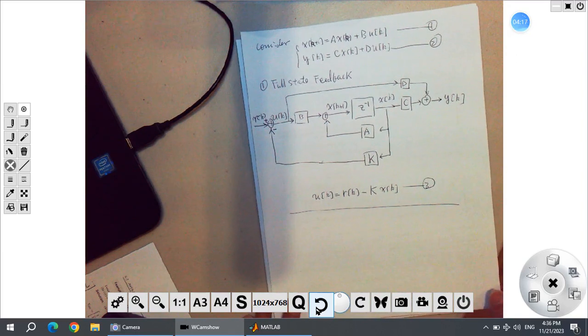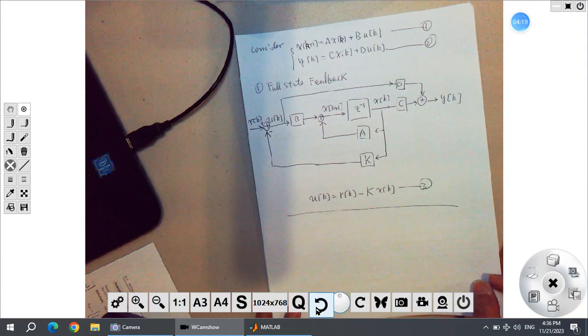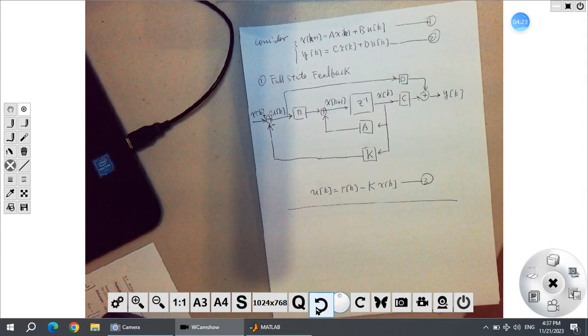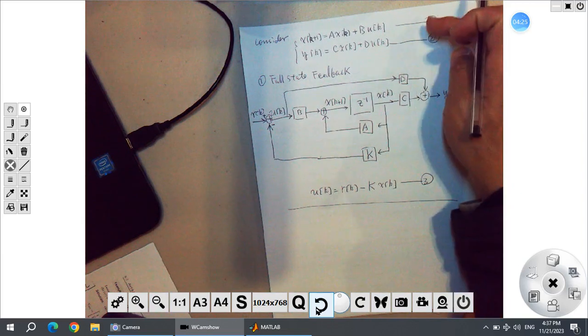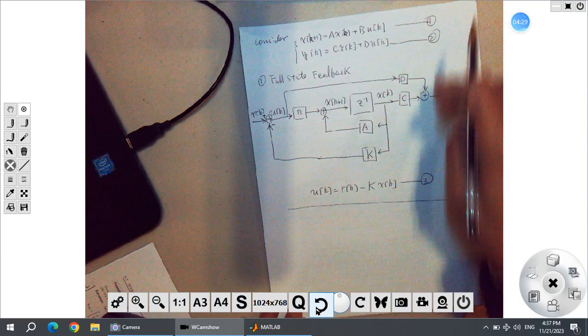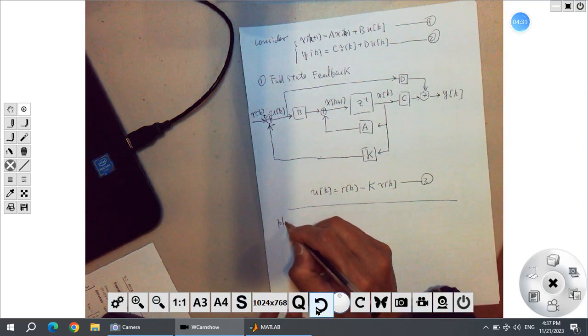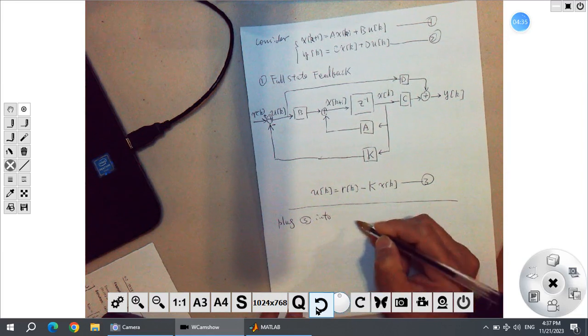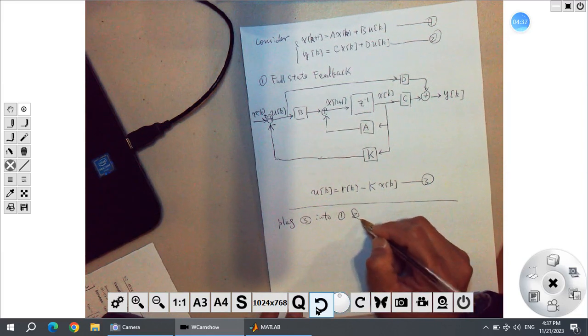Now we try to consider the poles of this system. Similar thing, we need to consider the poles. How to do that? We combine these three together. Just plug 3 into 1 and 2.